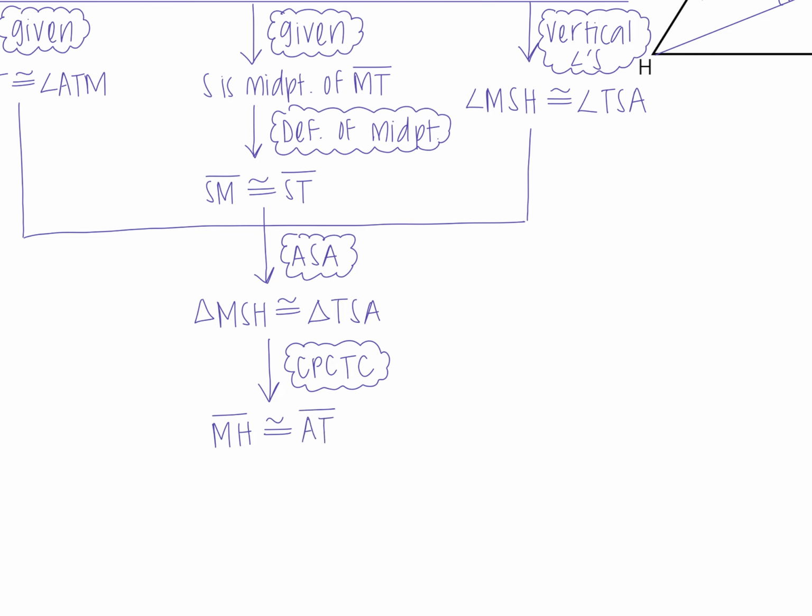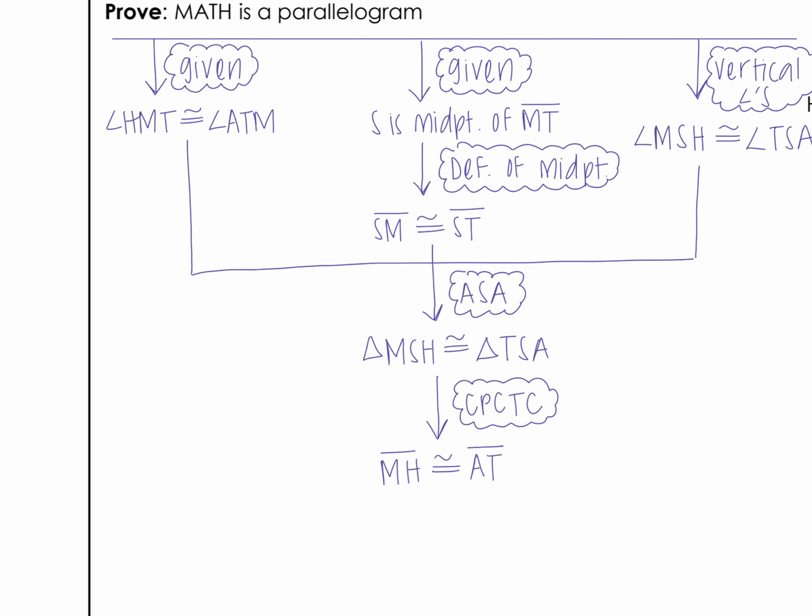So now the last thing that I need to do is to prove those same sides to be parallel to each other. And that's going to come from over here, the congruent angles that were given to me.